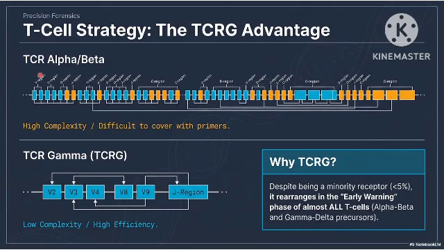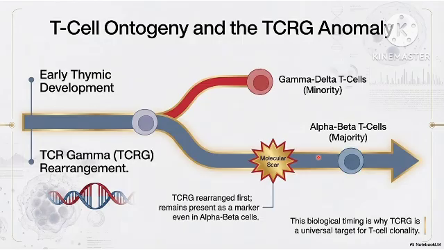So the one more question was why TCR-g? Despite being present in a minority of T cells, it rearranges early in thymocyte development, and it leaves a molecular scar there, like shown here. In the early thymic development, all the T cells will undergo TCR-g rearrangement. If the TCR-g rearrangement is non-functional or unproductive, then only the cells undergo alpha-beta rearrangement.